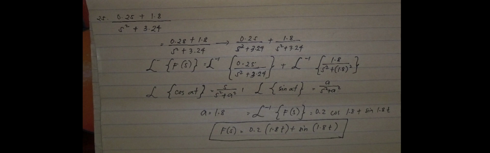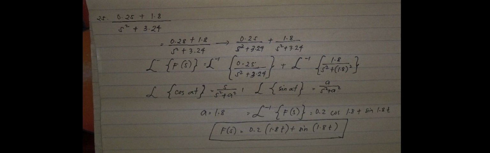The inverse Laplace of F(s) equals the inverse Laplace of 0.2s over s squared plus 3.24, plus the inverse Laplace of 1.8 over s squared plus 3.24, using the Laplace transform with the function of s and 0.2.